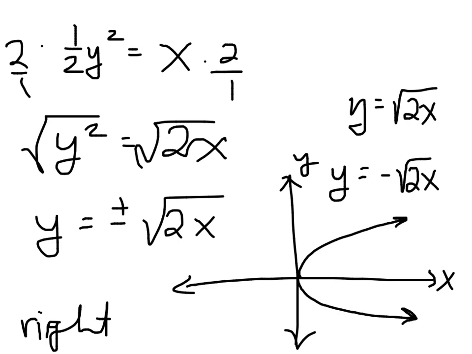So the vertex is at the ordered pair 0, 0. It's always going to be at 0, 0 unless you shift it to the left or to the right or up or down. If you have to shift it, then it will be at a different location, but it will start at 0, 0 and then work its way around. What do you guys think? Easy.